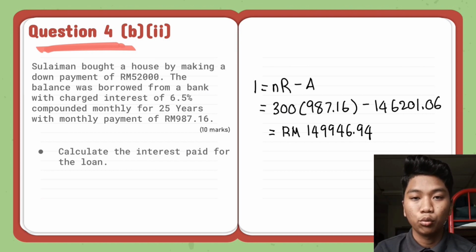To find the interest, we use I equals n multiply R minus A because we already got the value of A in 4B1. So, insert the values in the formula, which is 300 multiply 987 ringgit and 60 cents minus 146,201 ringgit and 6 cents. Calculate it, and the final answer you will get is RM149,946 and 94 cents.